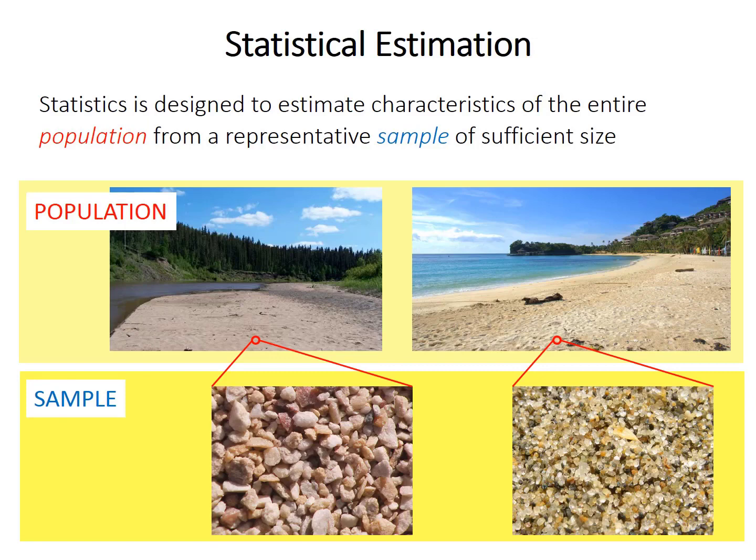The population is this infinitely large universe of sand grains, and the sample is a small set that we've taken that we hope is representative. We'll come back to this idea when we discuss statistical hypothesis testing, but first, given some measurements in a sample, how can we quantify the central tendency of that data set?